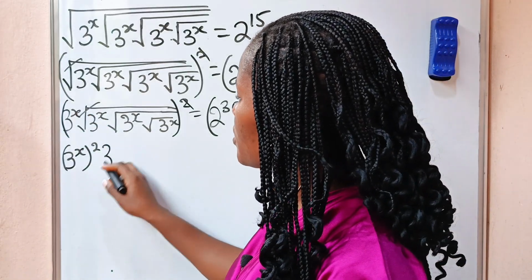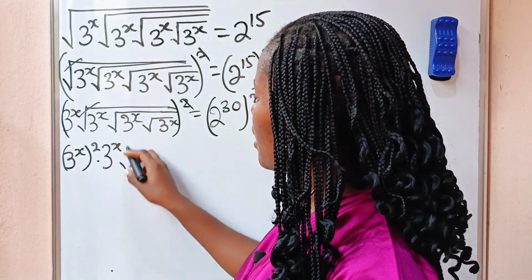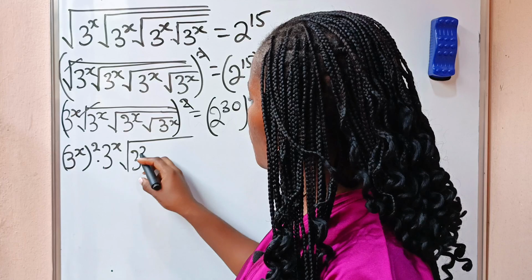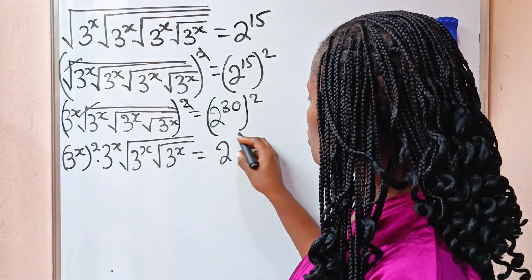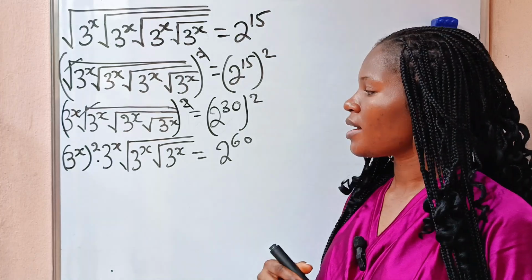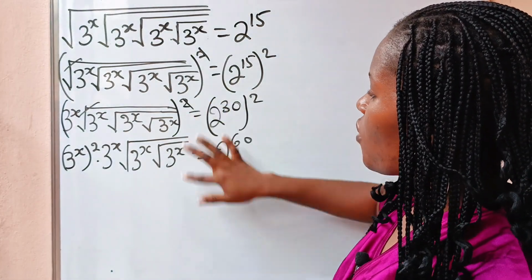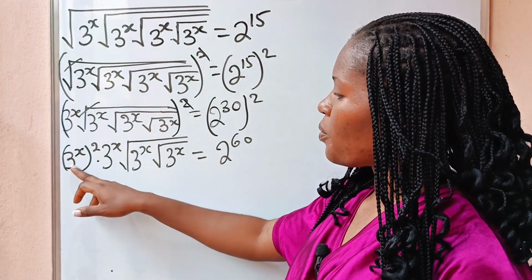So we are left with 3 to the power of x, then root 3 to the power of x, is equal to 2 to the power of 60.